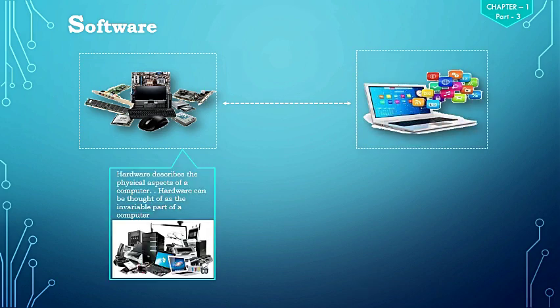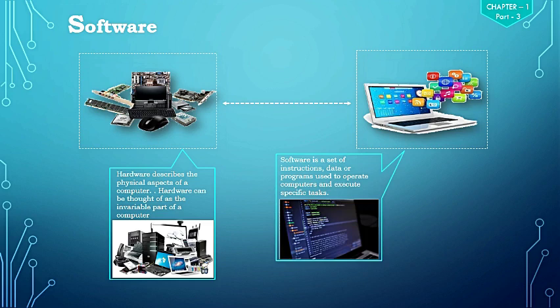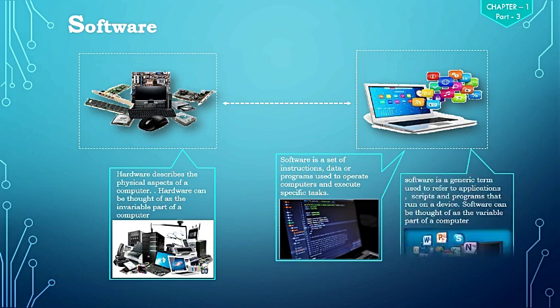As I told you, the hardware describes the physical aspect of a computer, and hardware can be thought of as an invariable part of the computer, whereas software is a set of instructions, data or programs used to operate computers and execute a specific task.